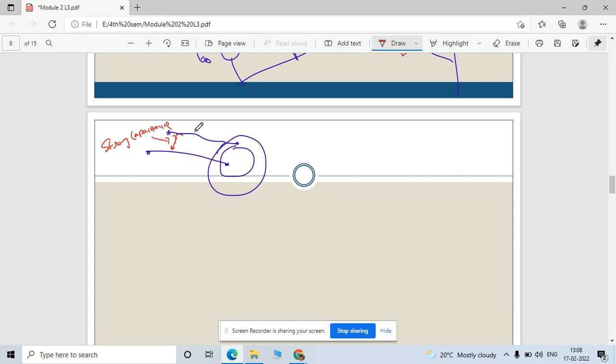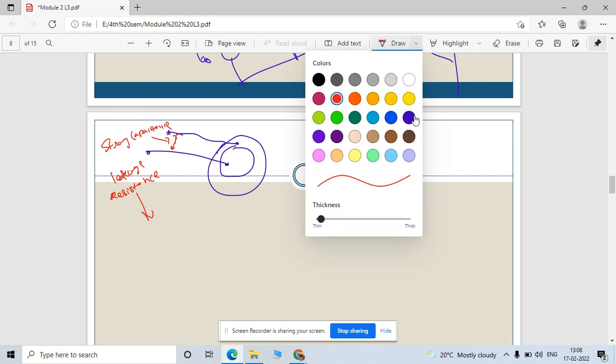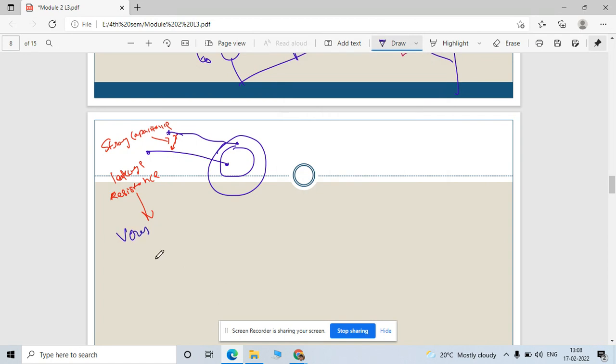This is called your stray capacitance, present between these two. And a leakage resistance is also present, okay. But this value is very high. Practically it is observed to be 10 to the power of 11 ohm.